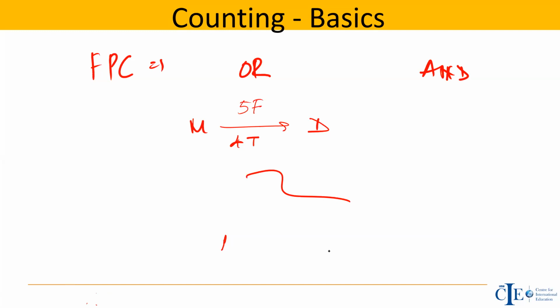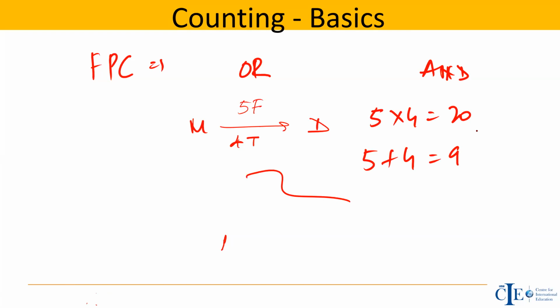What would be the answer here? What are you going to do with 5 and 4? Would you add or would you multiply? You say 5 into 4, which is 20, or you would say 5 plus 4, that is 9.